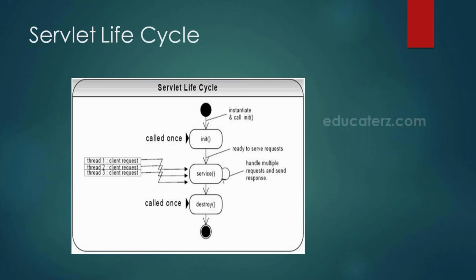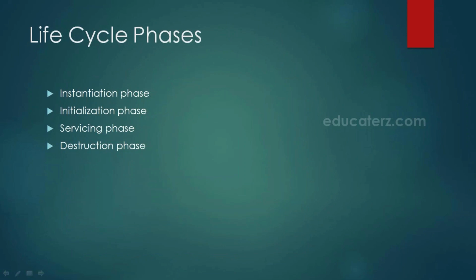the name servlet. Coming to the phases of a servlet, we have different phases like instantiation, initialization, servicing phase, and the destruction phase. All these phases are again controlled by the servlet engine. In the instantiation phase, the servlet engine loads our servlet class, then it creates the servlet instance.